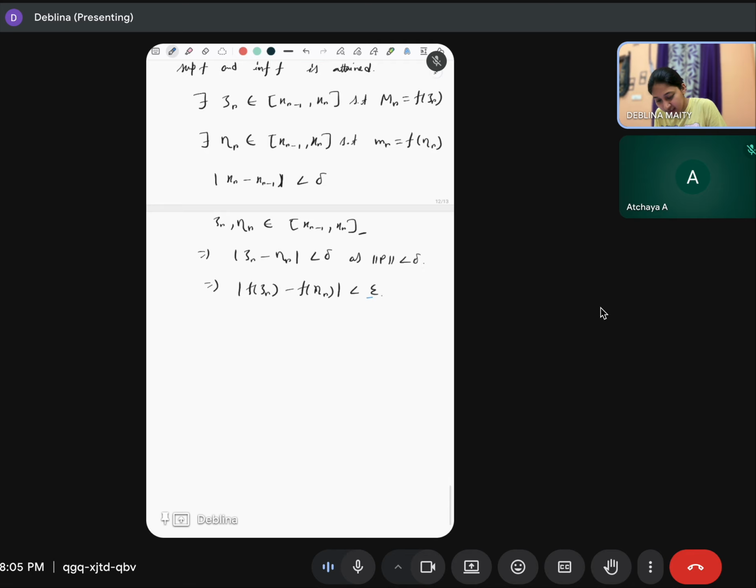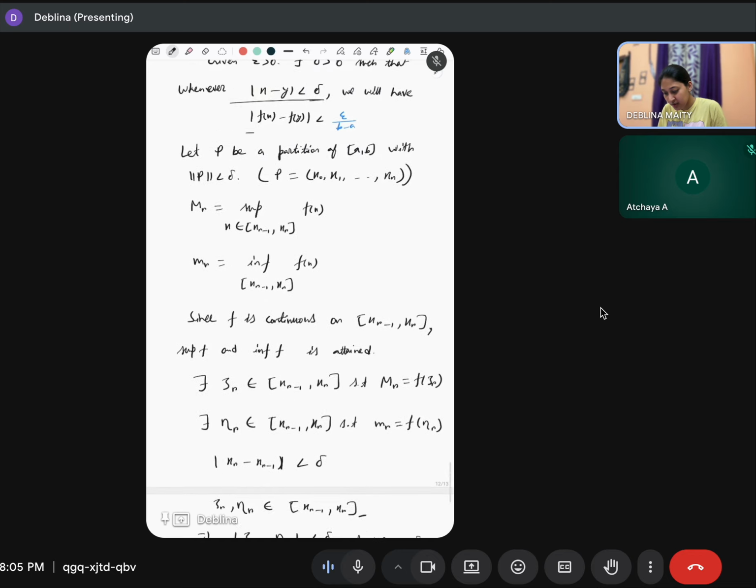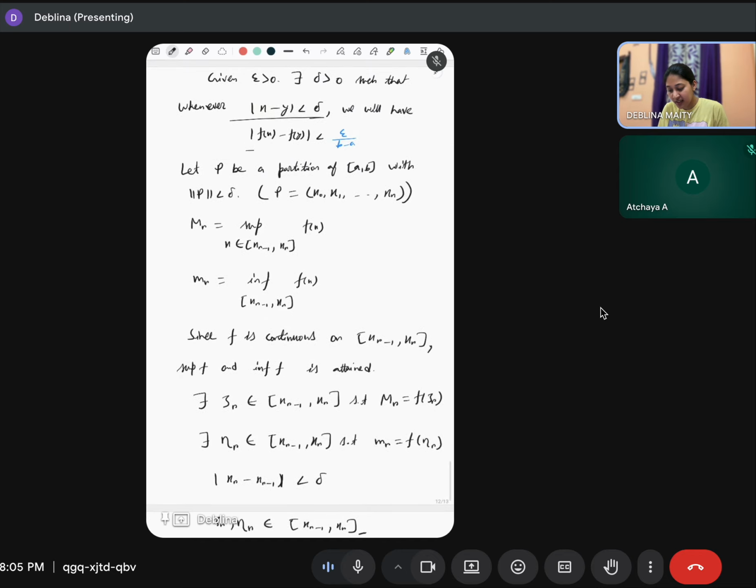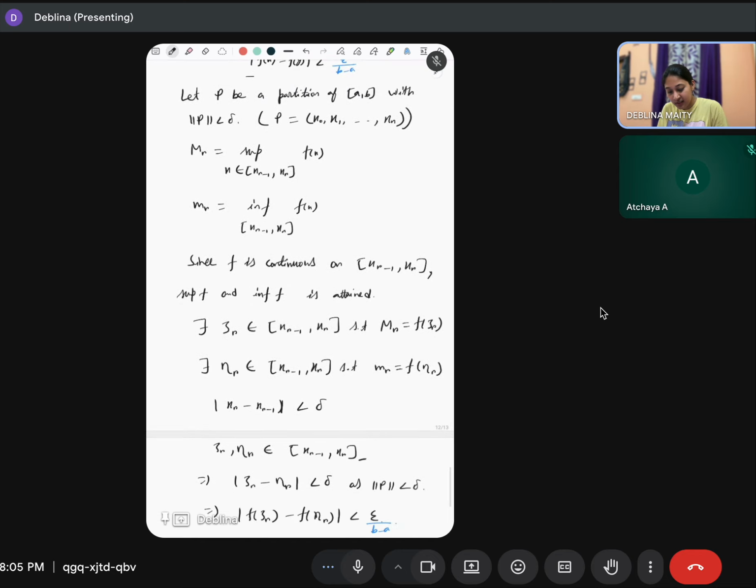So here epsilon is epsilon by (b minus a). Okay. Now what we have to find is U(P, f) minus L(P, f). So we have found capital M_r, which is f of zeta_r, and small m_r is f of eta_r.